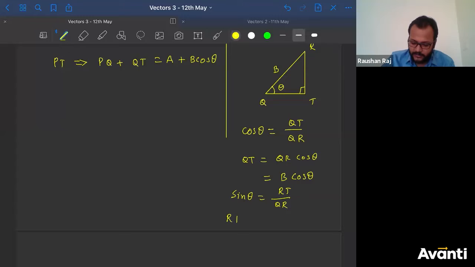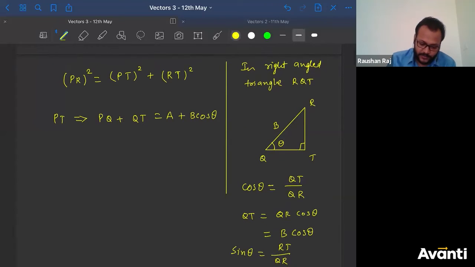So RT can be written as QR into sine theta. QR is nothing but B. So B sine theta. Correct? So I got RT as B sine theta.